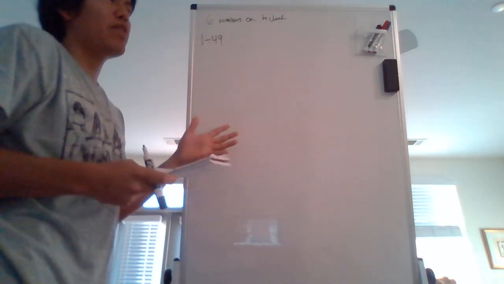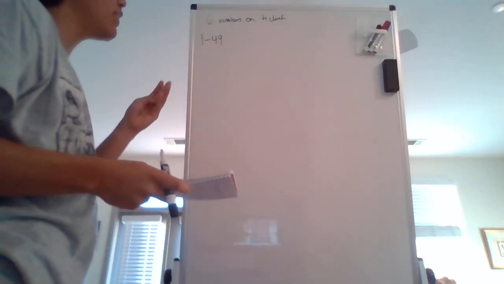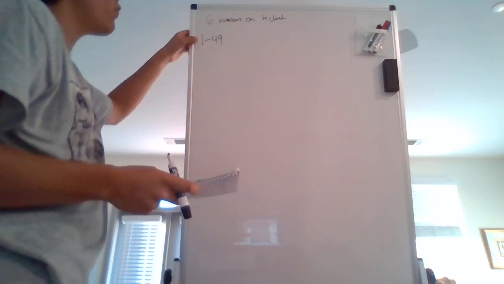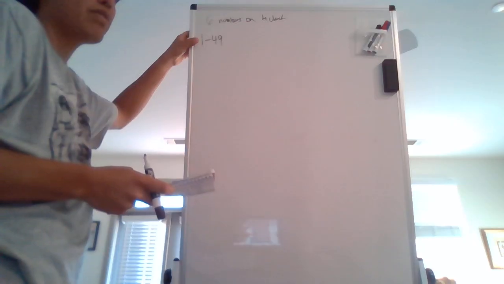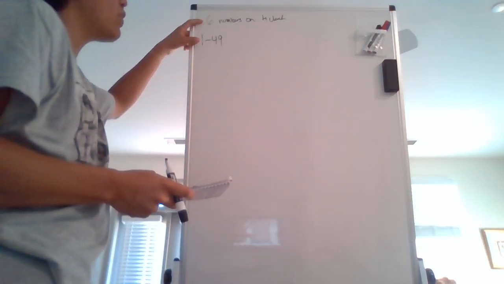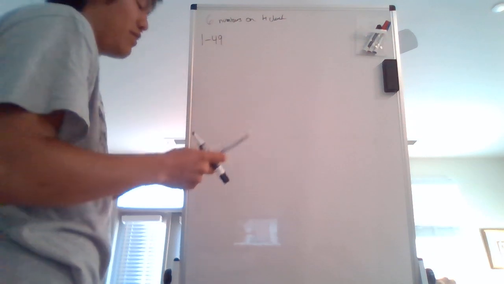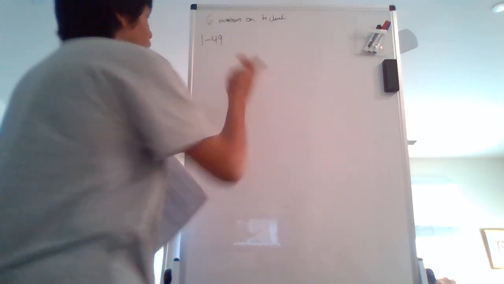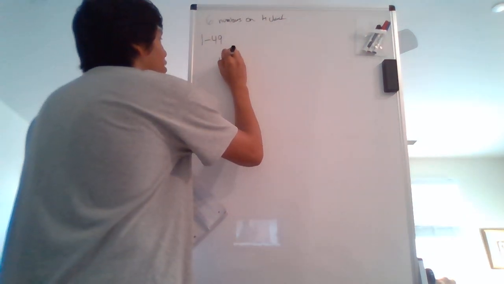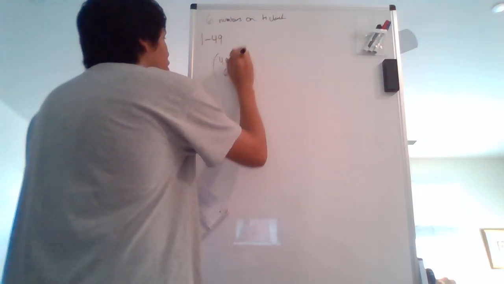So what's the probability that we match all 6? This one's easy. If we have 49 total numbers, then we only have to choose 6 to match. 49 choose 6. And that's basically it.